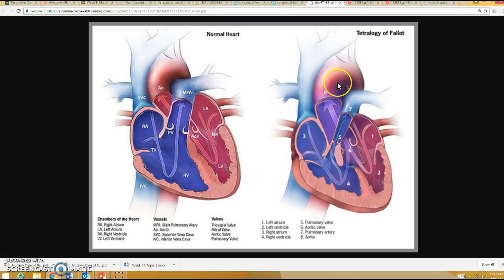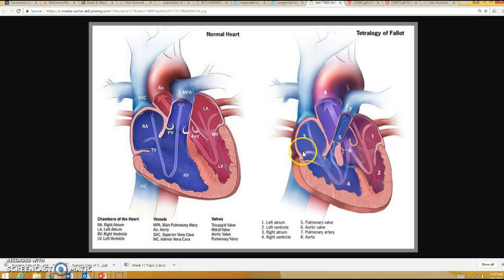Now let's come over, and our baby has Tetralogy of Fallot. In Tetralogy of Fallot, you're going to see a grouping of abnormal defects. So first off, we see narrowing or stenosing of the pulmonary artery.